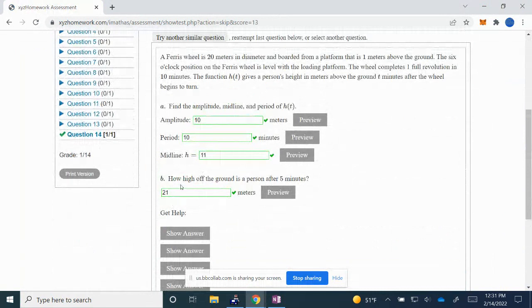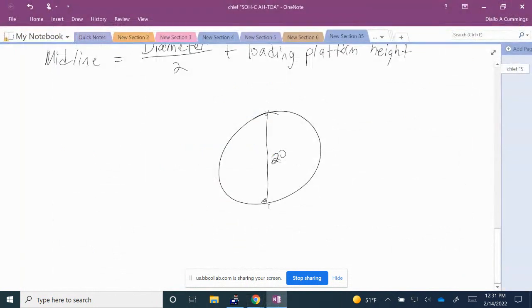Let me explain this last one again. It takes 10 minutes to make one complete revolution. So if you're boarding the Ferris wheel and it starts, 5 minutes later you're at the very top, because at 10 minutes you'll be back down at the bottom.